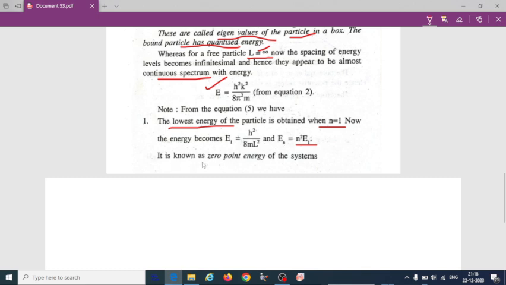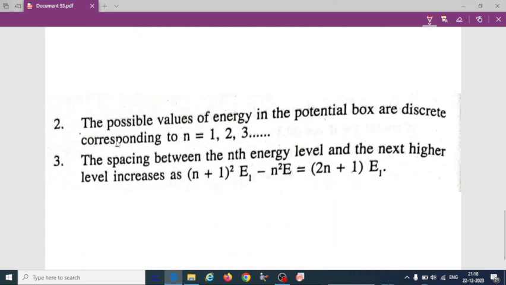So it is known as zero point energy, when the lowest energy is n equal to 1. Second condition, the possible values of energy in the potential box are discrete, corresponding to n equal to 1, 2, 3. So as we know, energy is going to be discrete in nature.